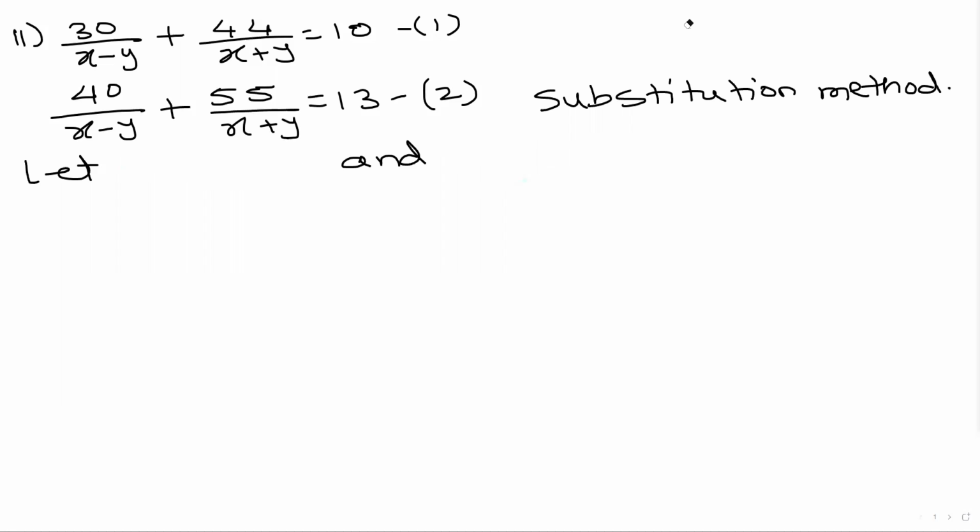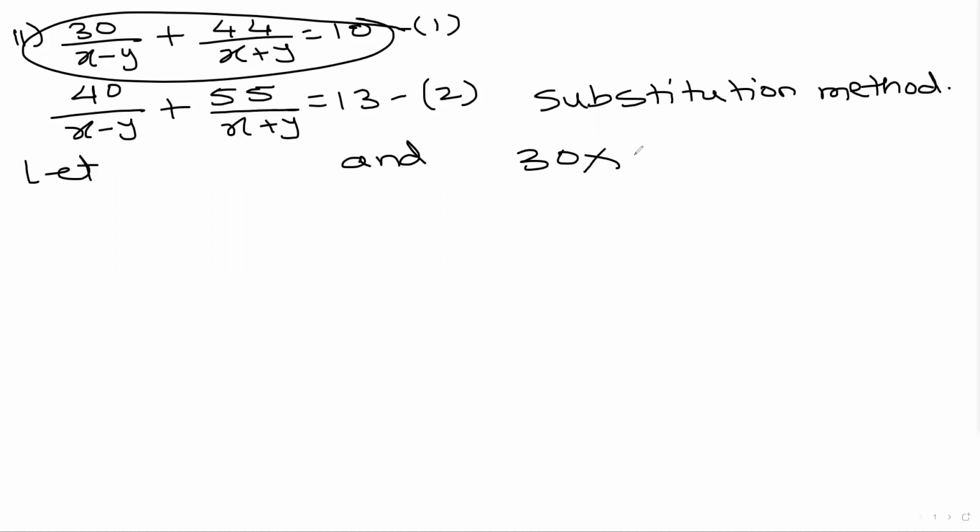Why? Because last time I told you how to write this. See, the variable should be in the numerator, not in the denominator. So how can you write 30 upon x minus y? You can write 30 into 1 upon x minus y. And how can you write 44 upon x plus y? You can write 44 into 1 upon x plus y.